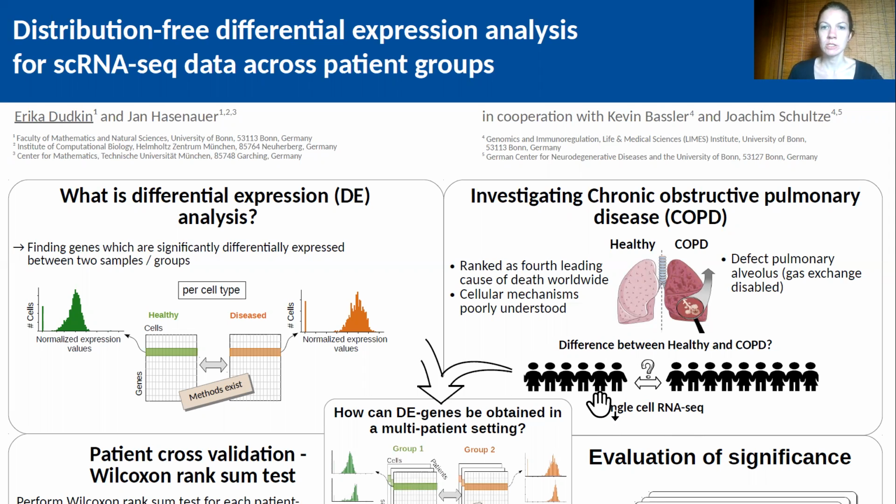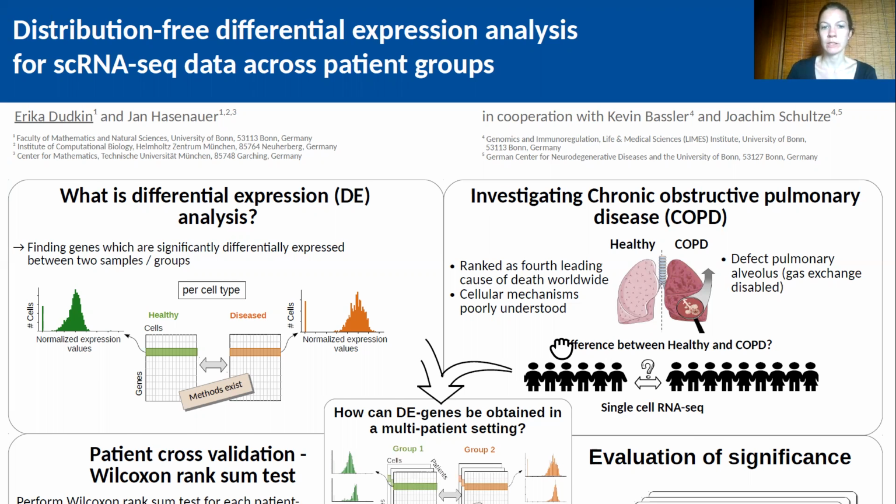This project started with our collaboration partners, Kevin Basler and Joachim Schulze, where we wanted to investigate chronic obstructive pulmonary disease. We wanted to find the gene-level differences between a healthy patient cohort and a COPD patient cohort with single-cell RNA sequencing data.